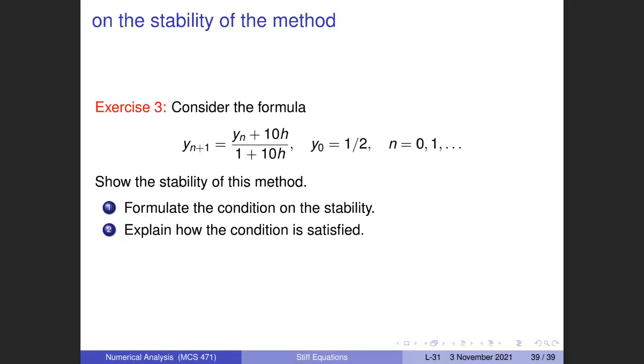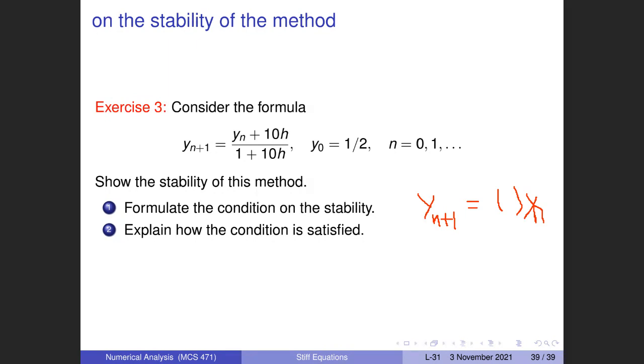So for the stability of this method, first we formulate the condition of stability. It will be a reformulation. We have that the value in the next step, y_{n+1}, can be written as something, I will put the something here between brackets, times y_n.